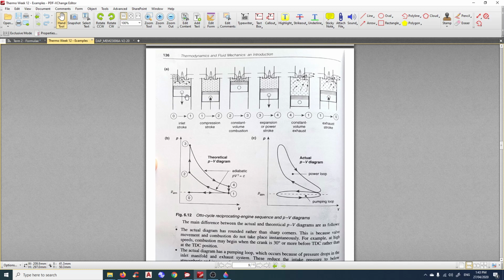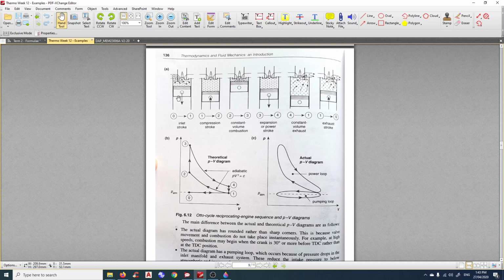So when the piston goes down, it creates a vacuum and draws the air mixture into the chamber. The piston goes down to about here and can't go down further because of the linkage.